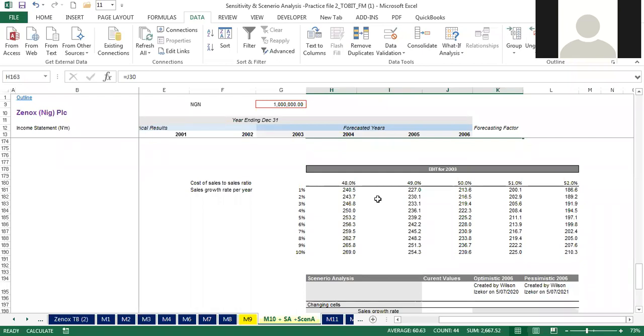I want to ask, is this the latest Excel? Because I can see some things on the menu bar, like developer, new tab, QuickBooks. This is Excel 2013. Excel 2013 has developer.